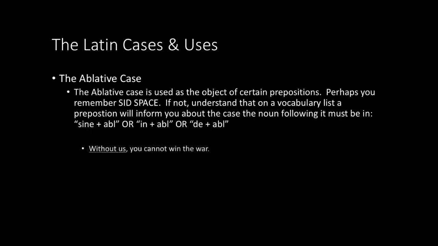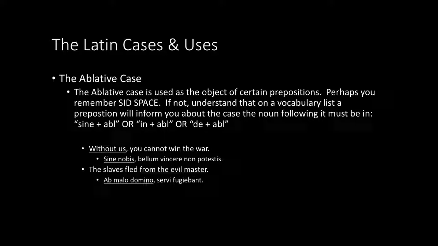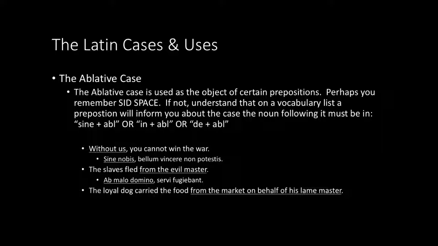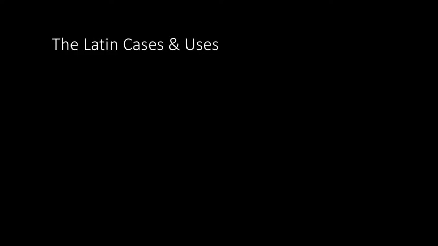That means that after sine, without, the noun or pronoun must be in the ablative case, just like our first example. From has the noun master after it, which must be written in the ablative case. On behalf of, pro, is another preposition requiring the ablative case, which is why master, domino, is written in the ablative case.